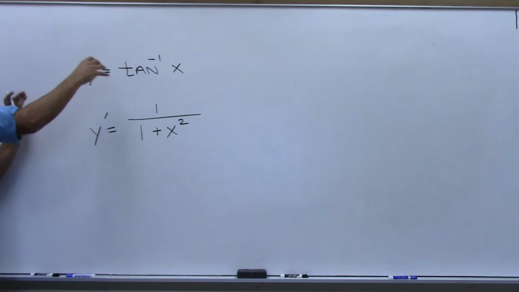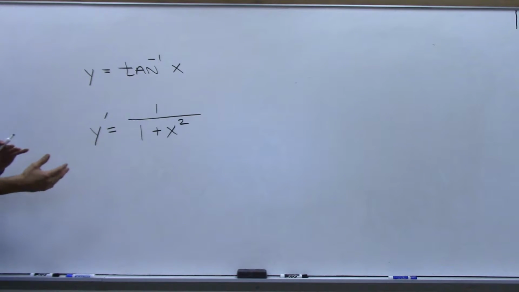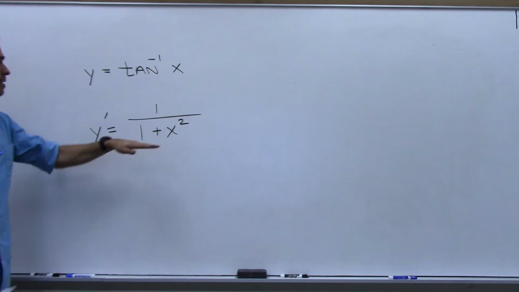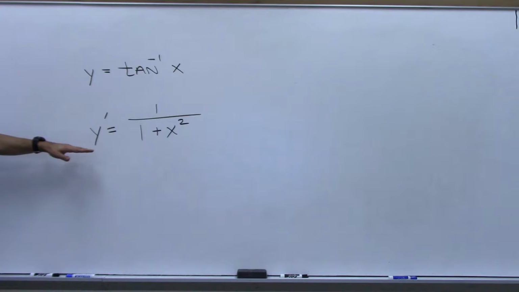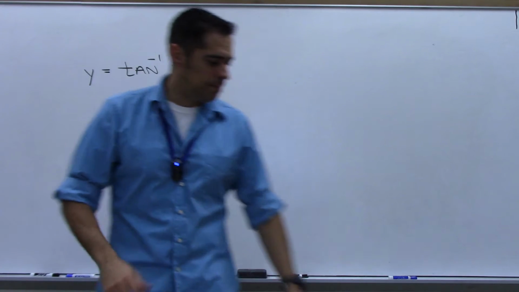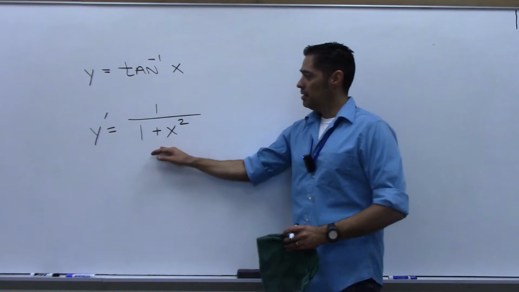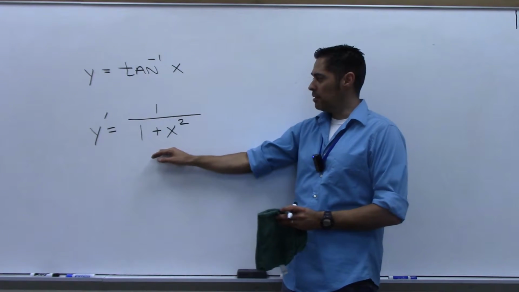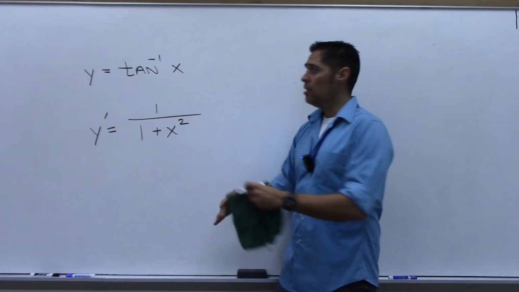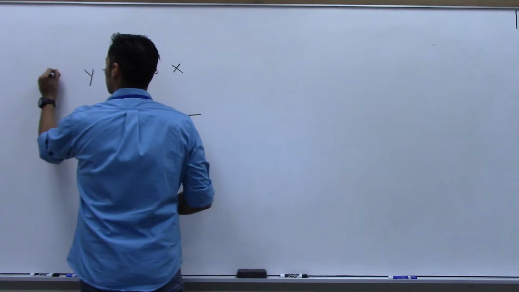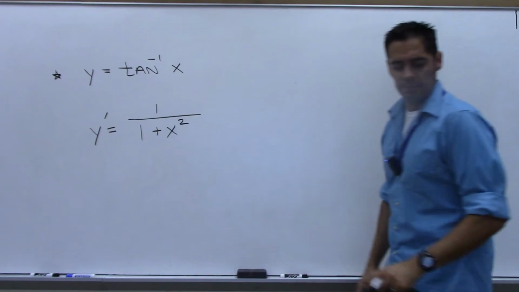Tangent first, then you would do the derivative, then you would do a reference triangle, and you would eventually get back to this. This will be with us until the end of class. This will never go away, the derivative of arc tangent. So maybe a star next to this one because it does come up so much.